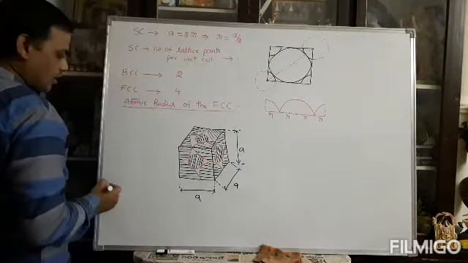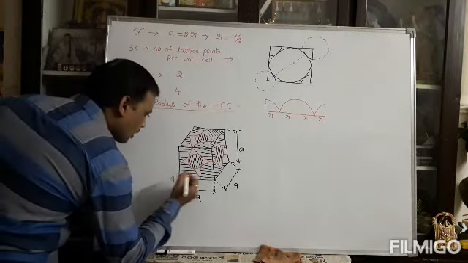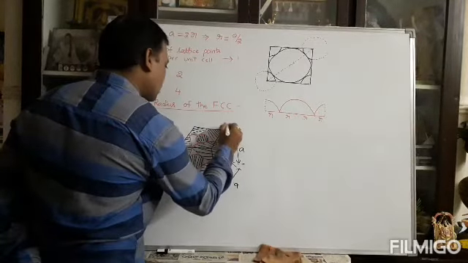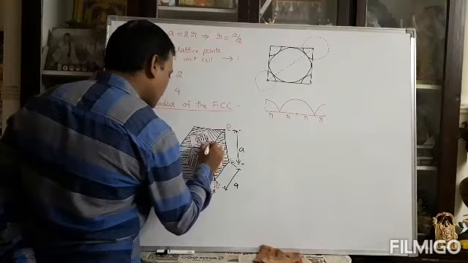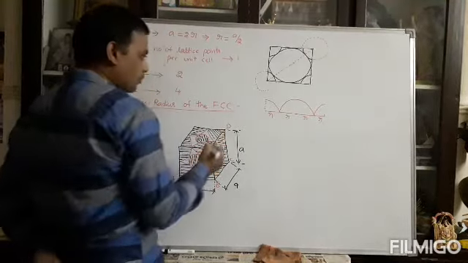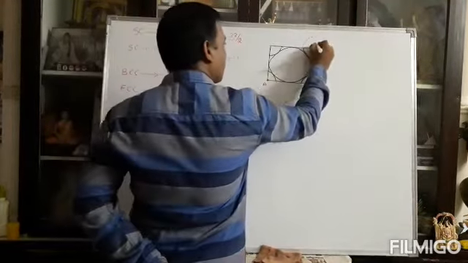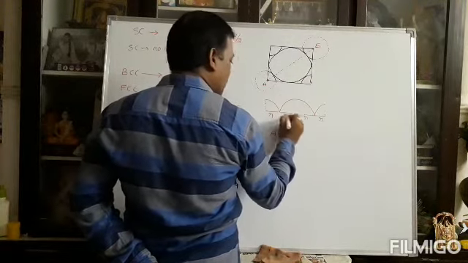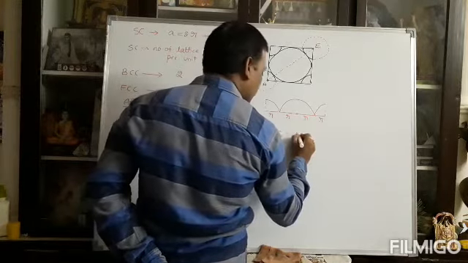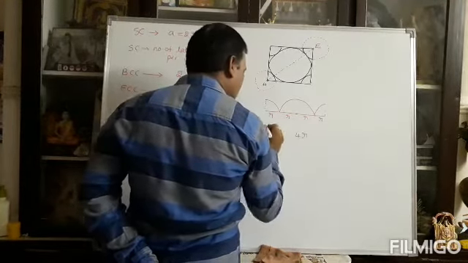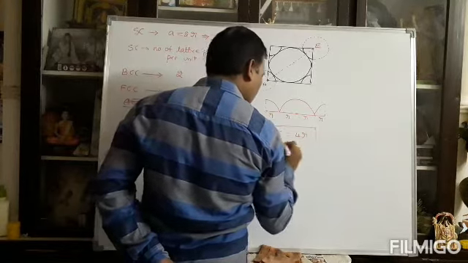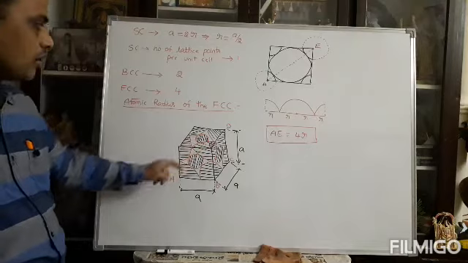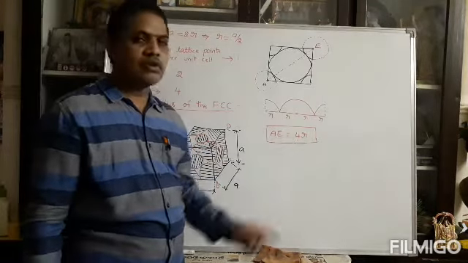So you take the points A, B, C, D, and this point as E. So I am taking the points from A to E. The distance A to E is r plus r plus r plus r, nothing but 4r. So the distance between diagonal corners in this face, the AE distance, is equal to 4r.